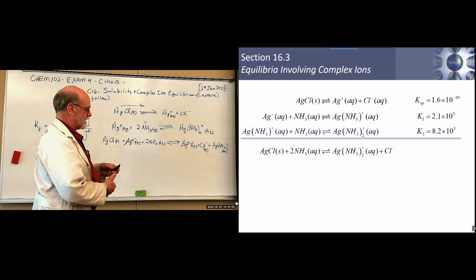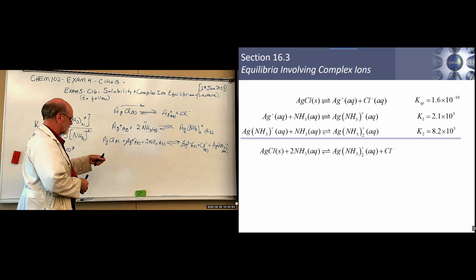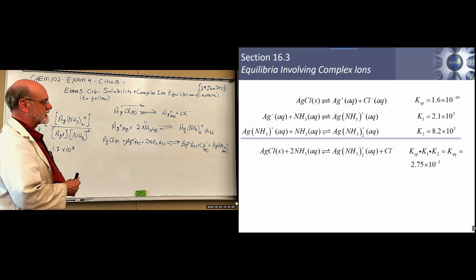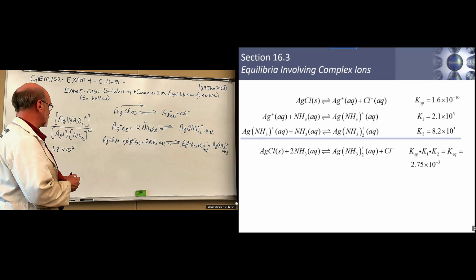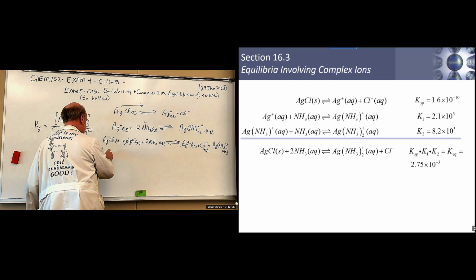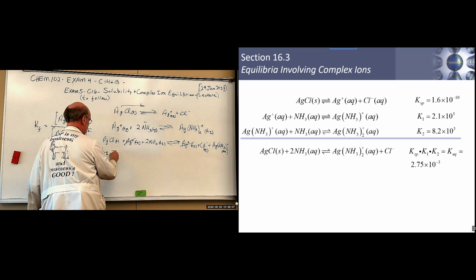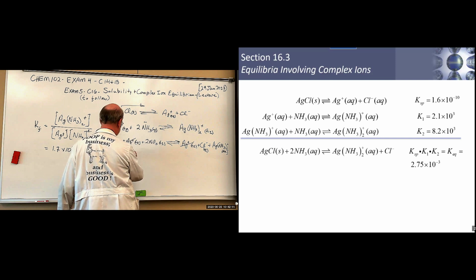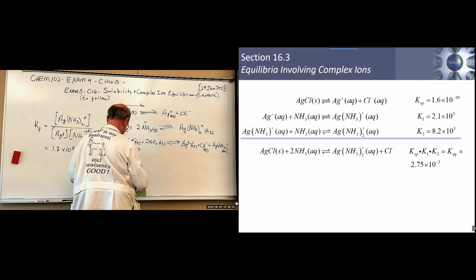And what would its K be? If we write the K for this expression, we get 2.75 times 10 to the minus 3. So the K for this combined equation is 2.75 times 10 to the minus 3.